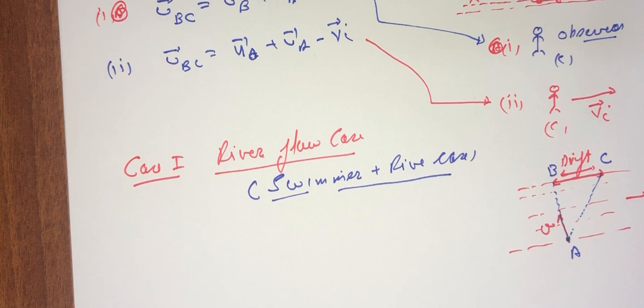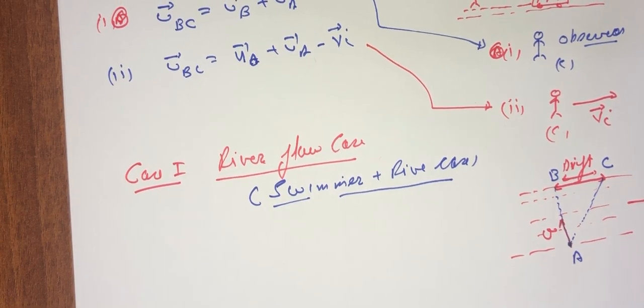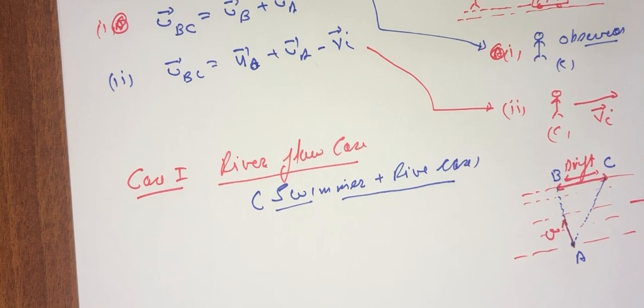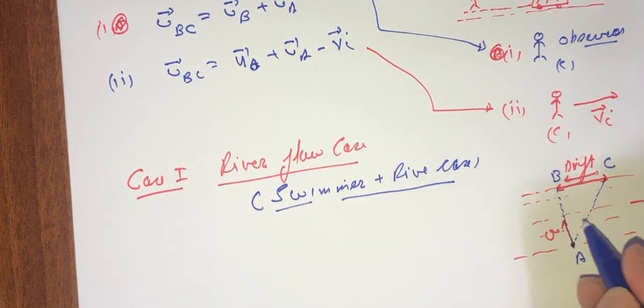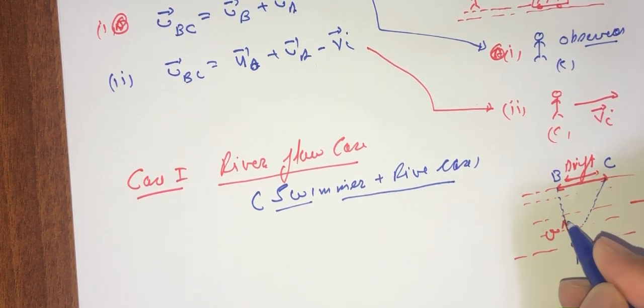Okay. So in this case we can say that due to the flow of the river the swimmer is drifted along the river by a distance BC. So we can complete this.